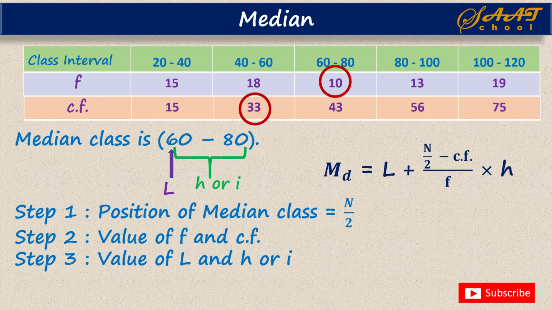Cf is the corresponding cumulative frequency of the pre-median class. Remember, f from the median class, Cf from the pre-median class. And finally, L, the lower limit of the class, and H or I, the height of the class or the class interval. And we use the relation where median equals L plus n by 2 minus Cf, whole divided by f, multiplied by H.